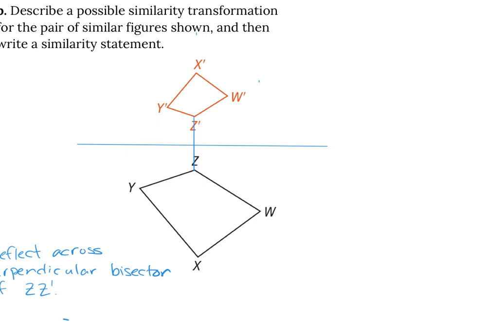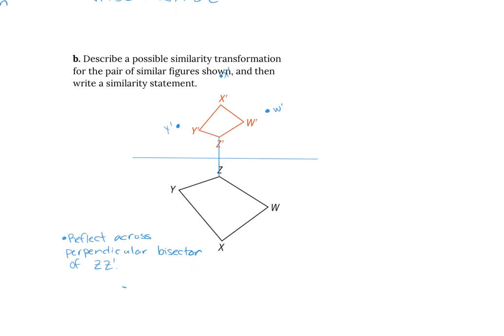And then my Y, about there. Okay, so I'm gonna make those my points here. So this was W, X, Y. All right, so we reflected across our perpendicular bisector.